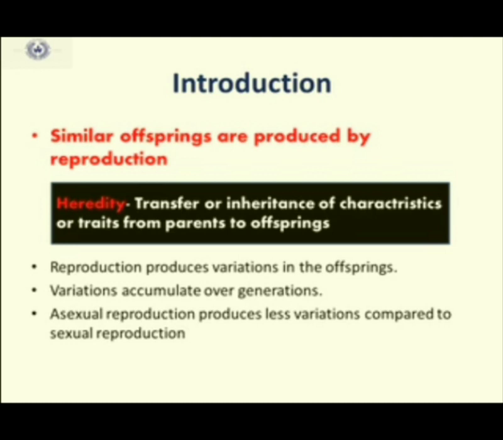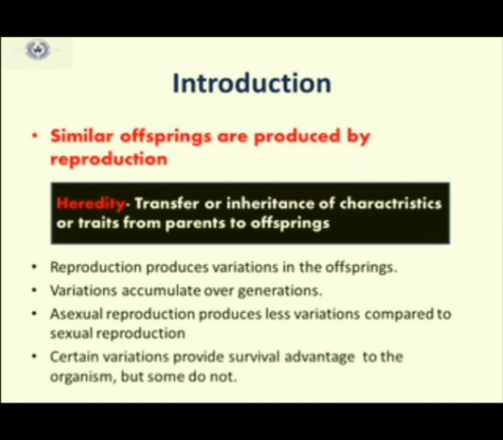Then finally, some of the variations may be helpful to the organisms in the prevailing natural conditions. And these organisms having such positive variations would survive, whereas the organisms with the variations not suited to the prevailing conditions may not survive.